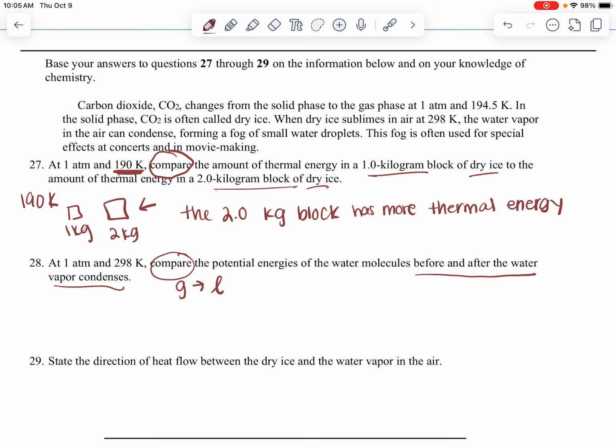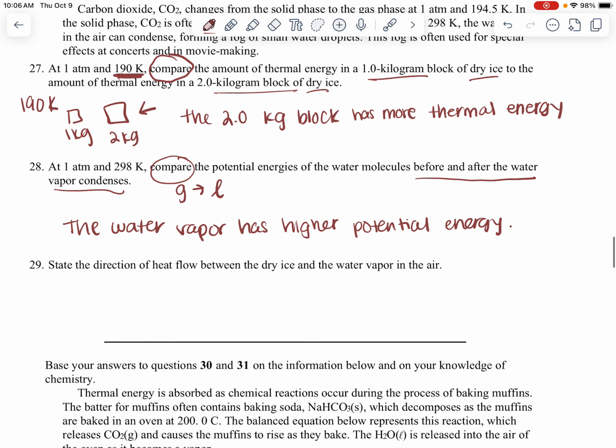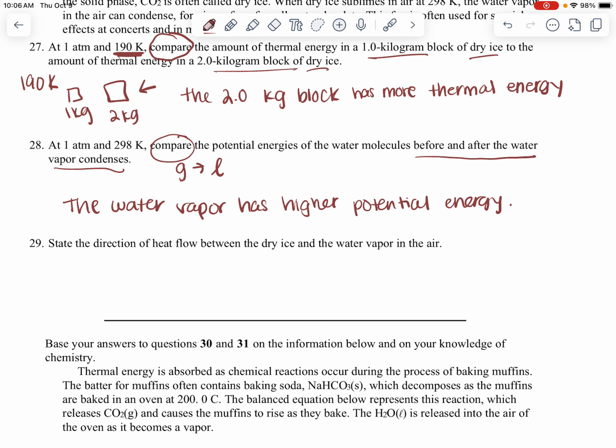So we could say in a few ways, we could say the water vapor has higher potential energy. Or we could also say that before condensation, it has higher potential energy.